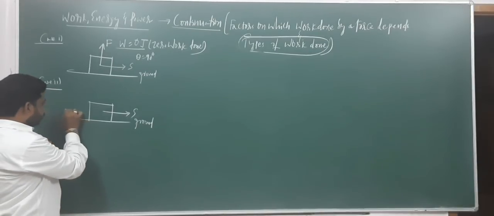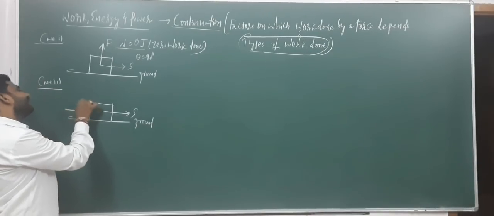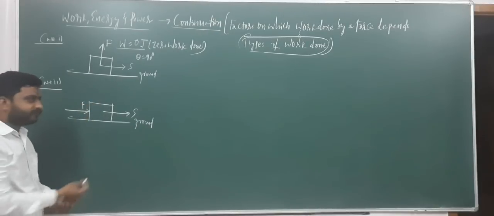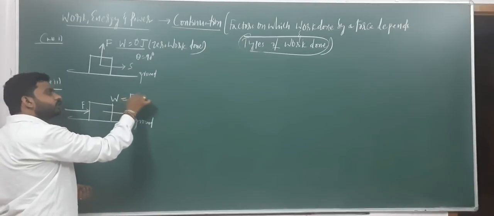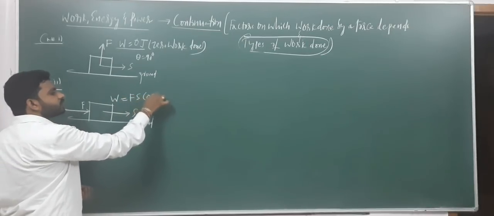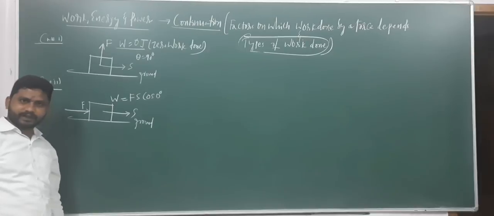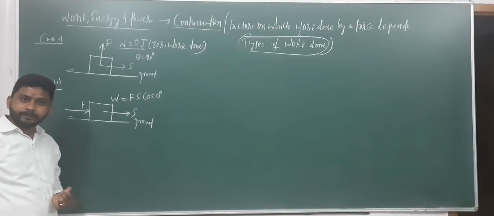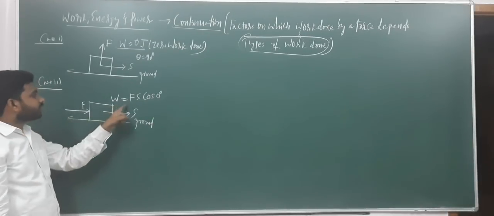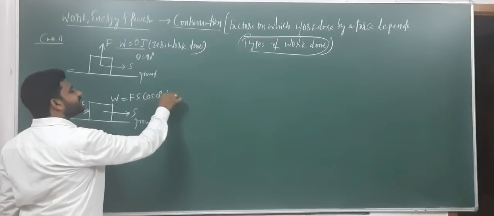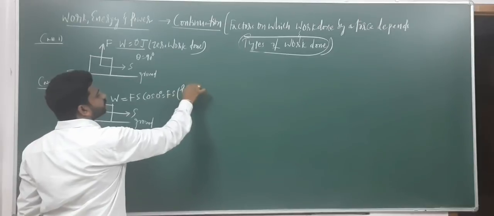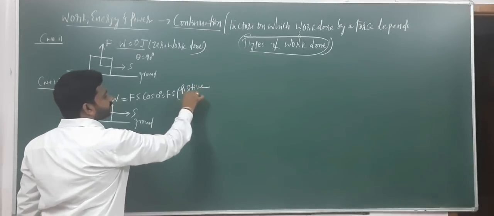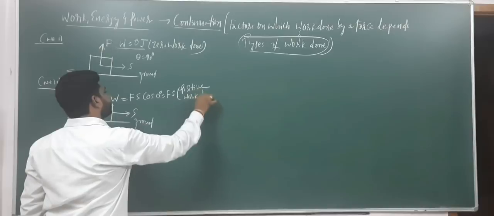Here, the force is acting in the direction of displacement. And we know already W is equal to F into S into cos 0 degrees. Clear? What is cos 0 degrees here? Cos 0 is 1. So W is F into S, and this is called a positive work done. What is it called? A positive work done. Clear?